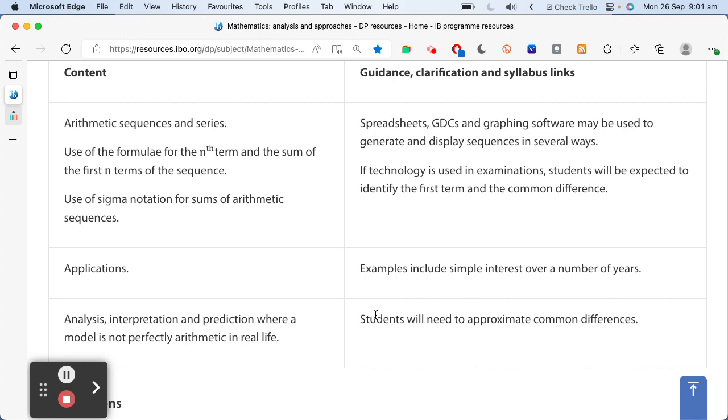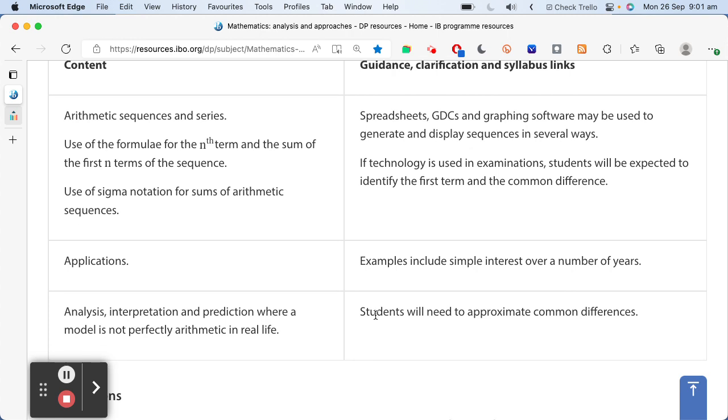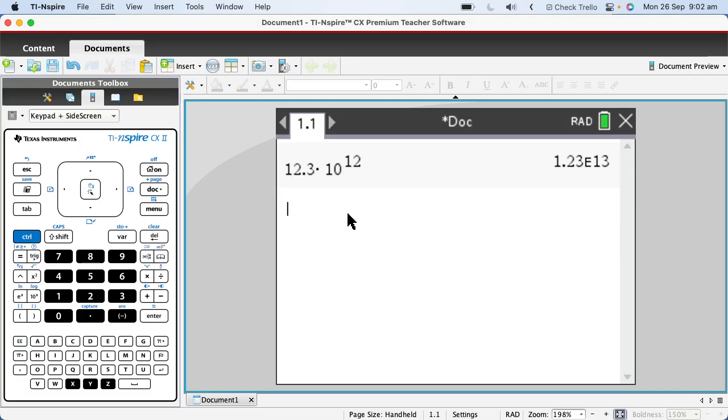Okay, I feel like I don't need to do this on the calculator. Arithmetic sequences and series, the use of the formula. There's nothing special about the calculator other than just being able to use it, to press the right buttons for stuff. You could technically create functions if you had a question which required you to interrogate.